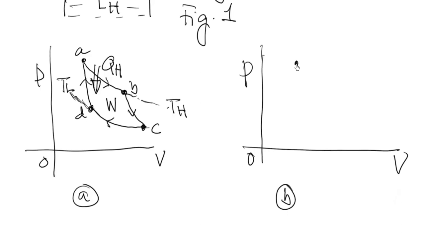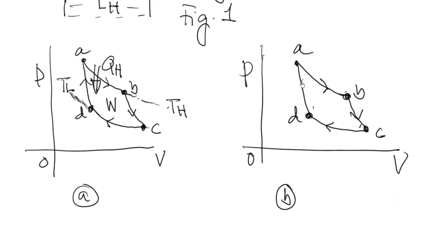Again we draw the same figure, but showing the heat QL that is being delivered from the working substance to the low temperature reservoir. So this is the isotherm TH, and this is the isotherm TL, and the work is W here.